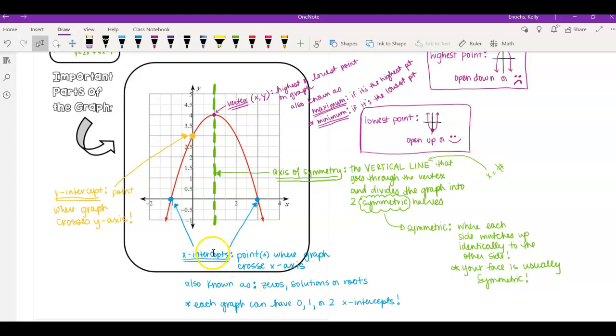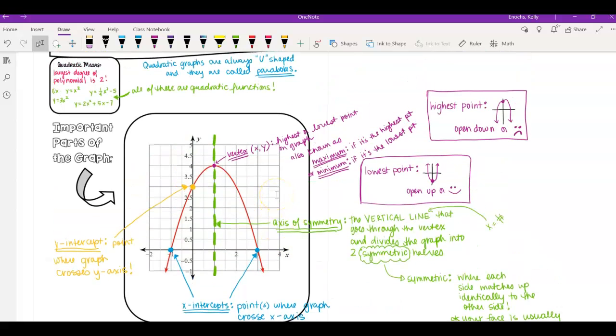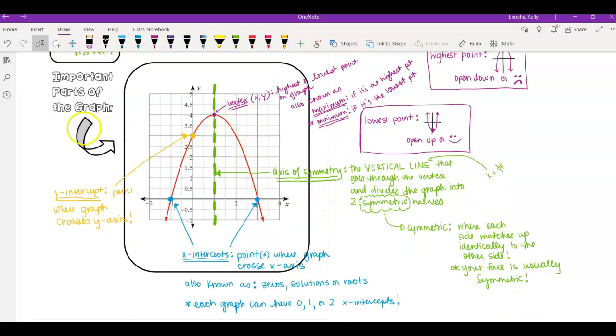All of those words, x-intercepts, zeros, solutions, roots, they all mean these two blue dots right here. Where does it cross the x-axis? And as a reminder, each graph can have 0, 1, or 2 x-intercepts. So maybe it only crosses once, or it could cross twice. So those are all our important parts on our graph: the vertex, axis of symmetry, and both x and y intercepts.